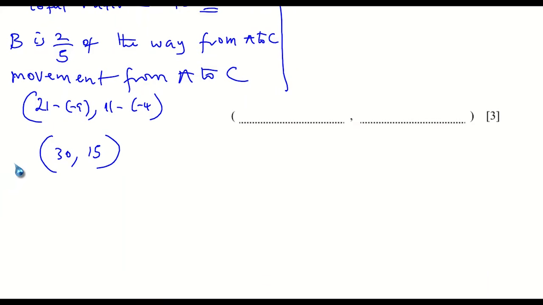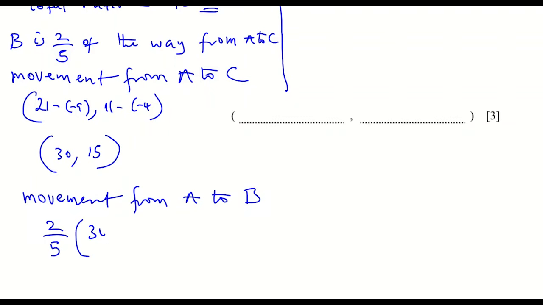So the movement from A to B will be 2/5 of 30, 15. This implies 5 into 30 gives 6, and 5 into 15 gives 3, so 2 times 6 is 12, and 2 times 3 is 6. So that is the movement.